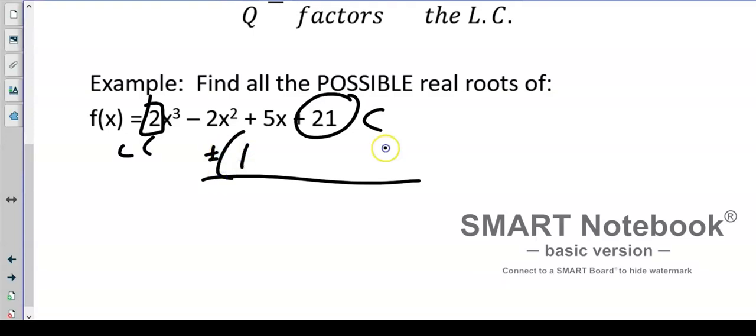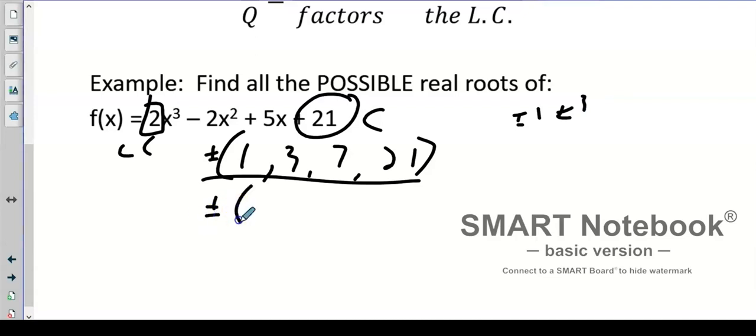So 1 times 21 and 3 times 7. That's a shortcut we're writing. Instead of doing plus and minus 1, plus and minus 3, let's just save the time. Plus and minus each one of those. Okay? And then on the bottom, plus or minus 1 and 2. Okay?